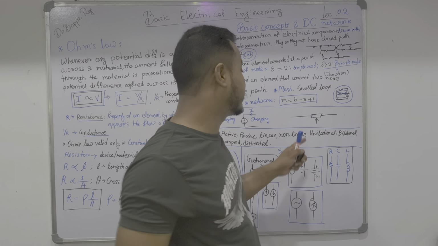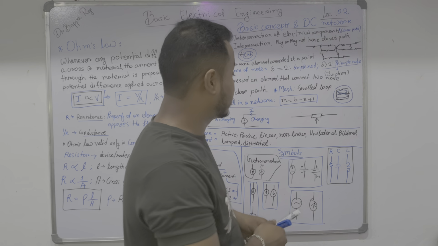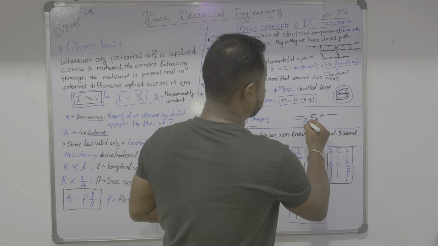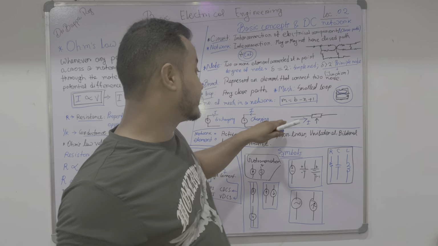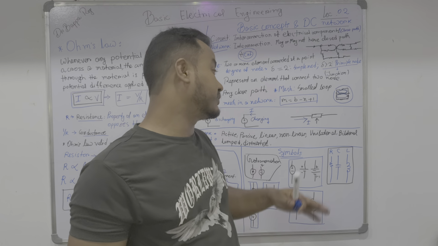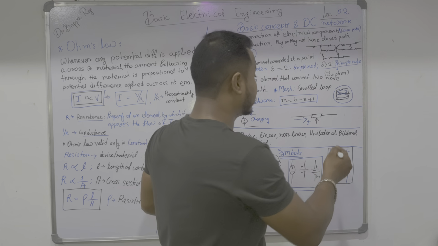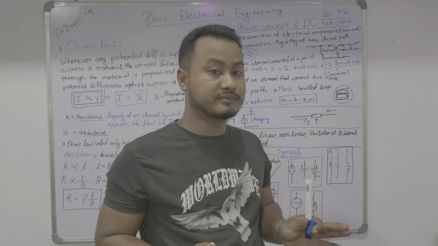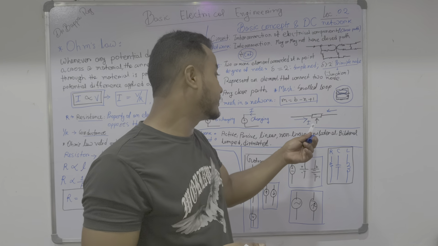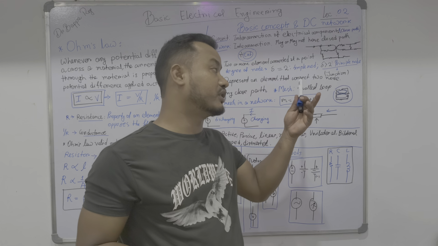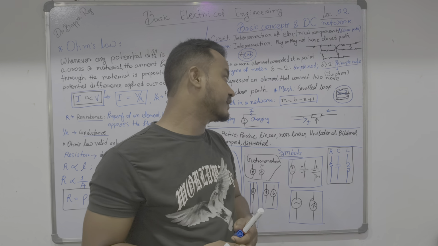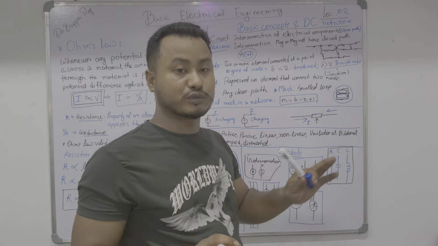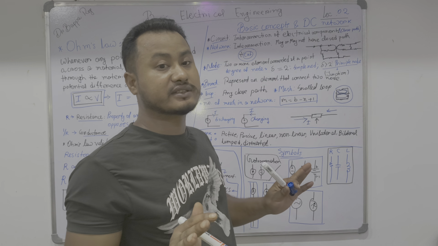If current flows from this direction first, and then current flows from the other direction, and the changes are the same, whether in current, voltage, power loss, or heat generation, then it is bilateral.